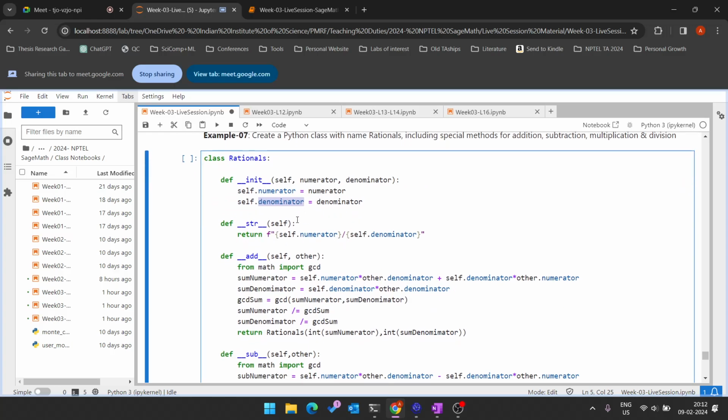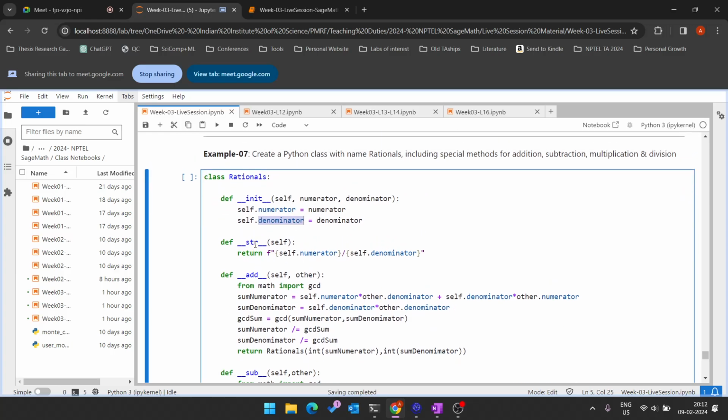Once that is done, I have this string function which is useful for printing, and you can see that I'm writing an F string. This is what we have done in a lot of print examples, and I'm telling it to output numerator divided by denominator.